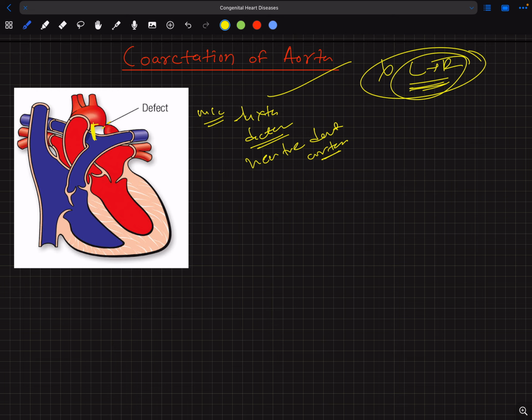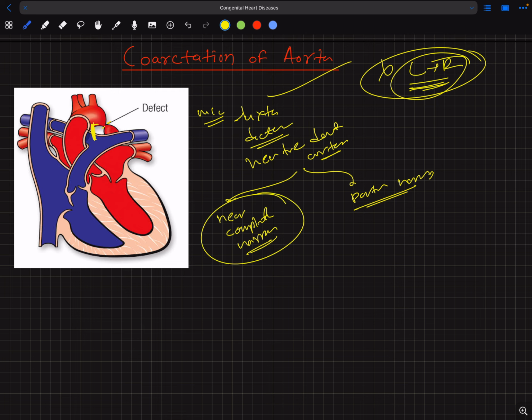Based on the severity of narrowing of the aorta, we can divide it into two types. One is near complete narrowing, which is very uncommon. Another is partial narrowing, which is most common.